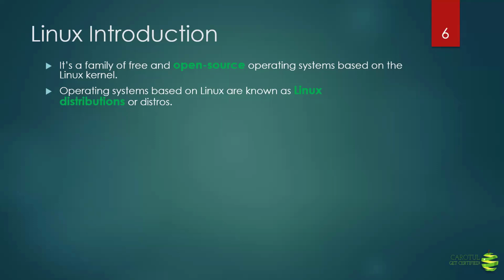Basically, it's creating the outer shell and the package management, and how exactly it will look and feel, what features it will support. That is something you can slightly change, and that will create a new distro. That's why there are so many distributions, but they're all based on the Linux kernel.